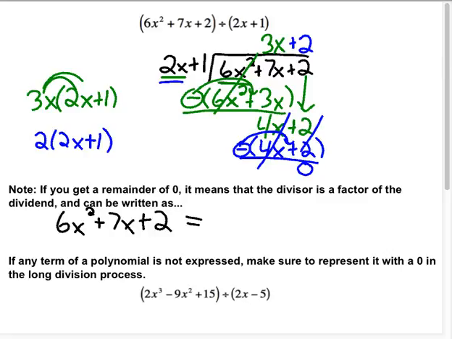When you're left with a remainder of 0, it means that 2x plus 1 was a factor of that polynomial, and what you got left was the other factor. So that's the cool thing. A remainder of 0 shows you that what you were dividing by is a factor of that original polynomial, and that what you had left is the other factor.